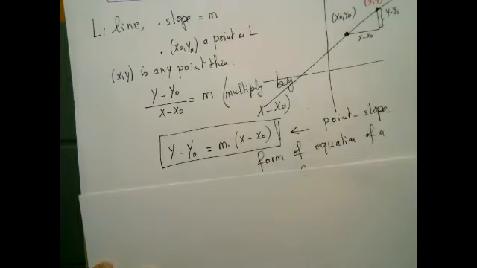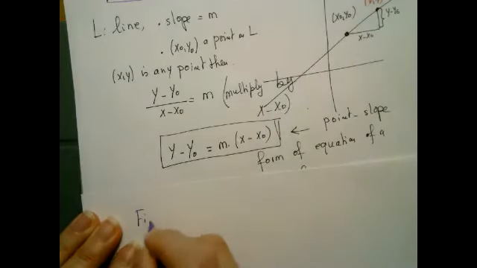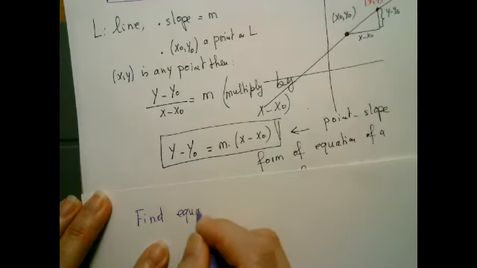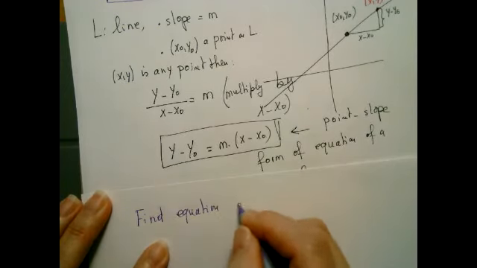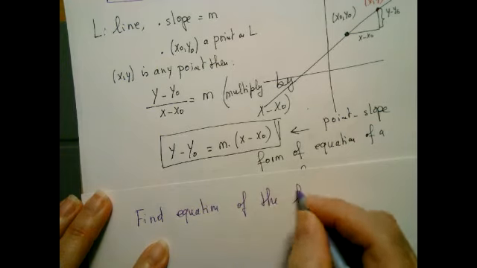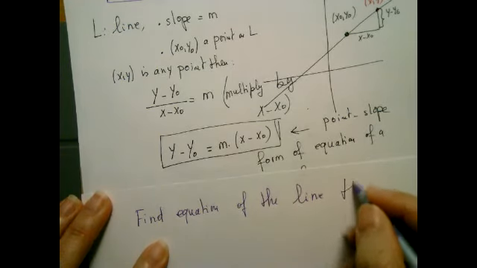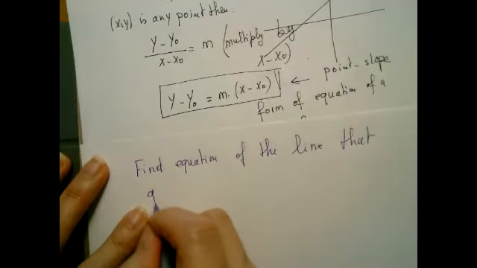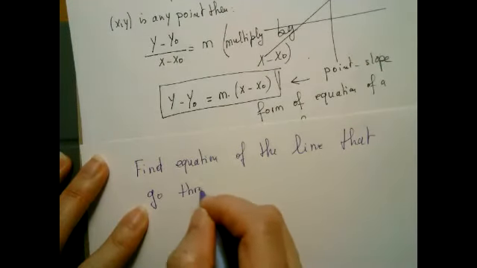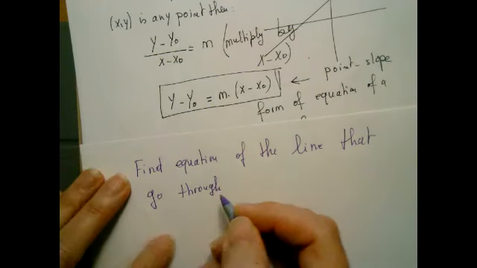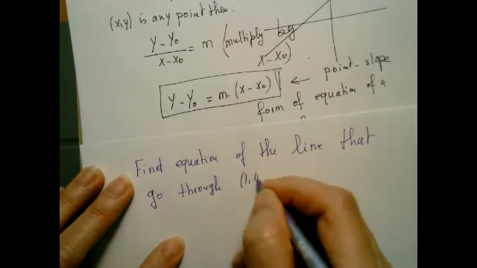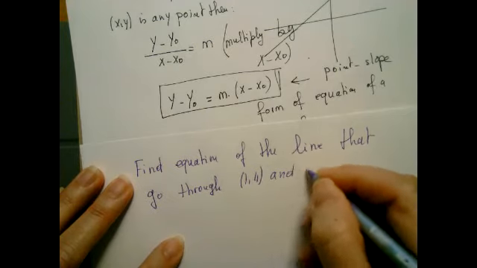Find the equation of the line that goes through the following points: 1, 4 and 6, 8.